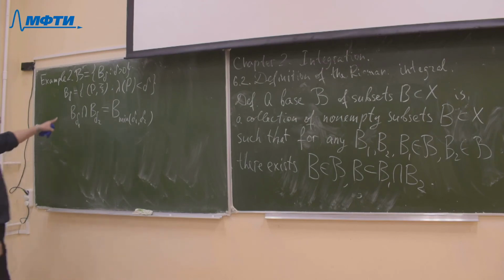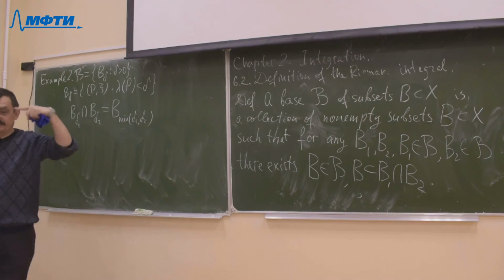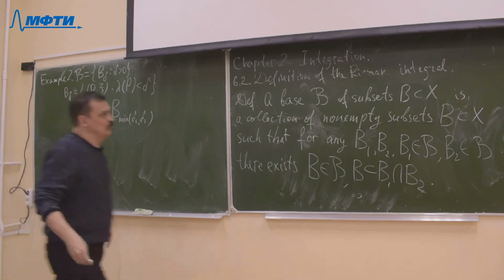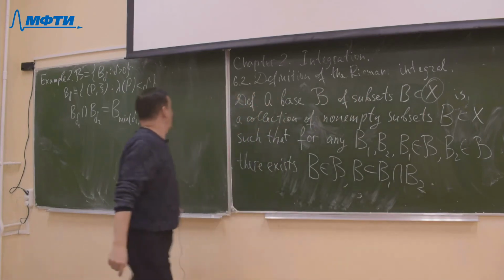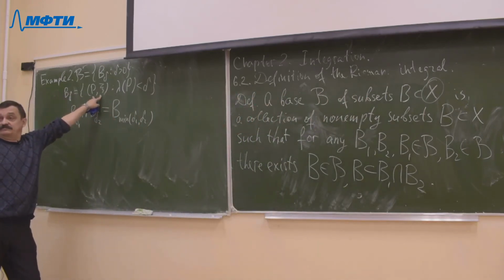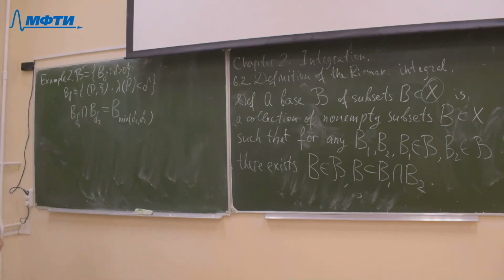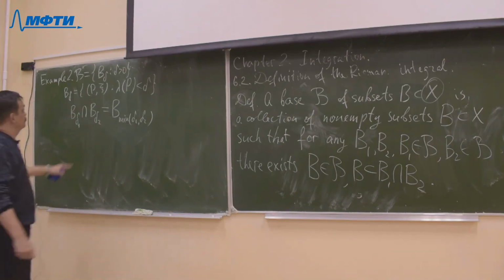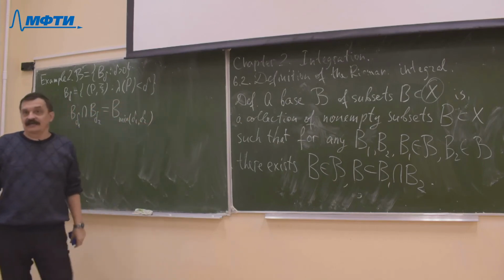So what is X here? X is the set of all tagged partitions. And as B delta, we took subsets which contain only partitions with norm less than delta.